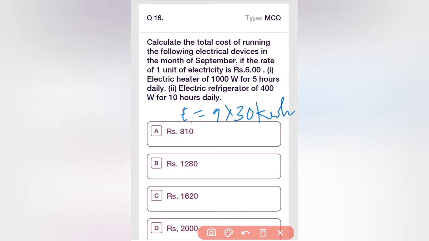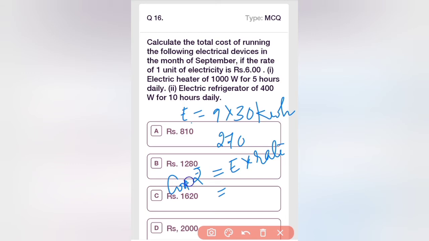That will be the energy per month, September month. So 270. And this is the energy we need to multiply with the rate to get the cost.